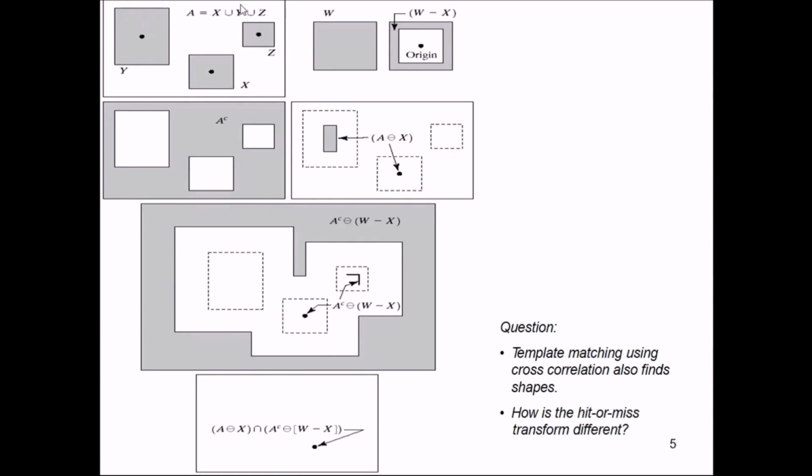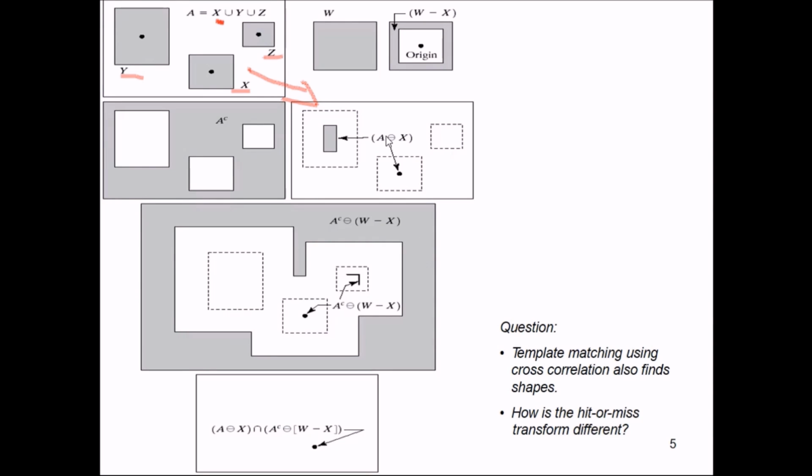Now consider this is set A, which comprises X, Y and Z. I want to find the shape X we are interested in. If I find the dilation, this will give this result. This is the dilation result.